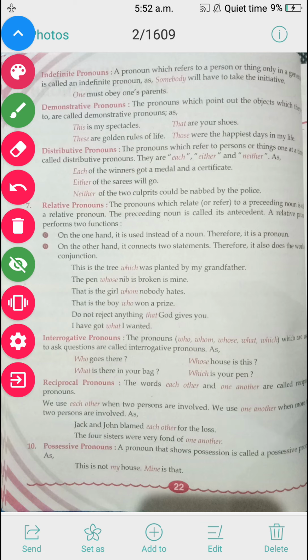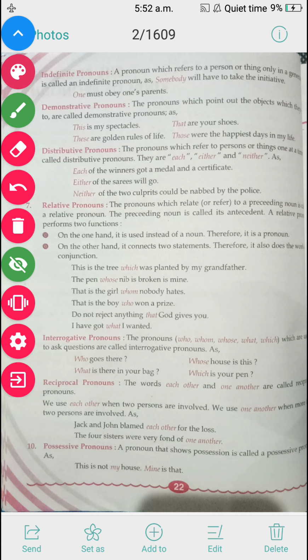Okay, students, this is the possessive pronoun. Where there is a possession, a pronoun that shows possession is called a possessive pronoun. As, this is my house. This is my house is a bit different.